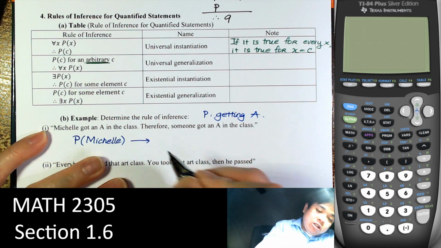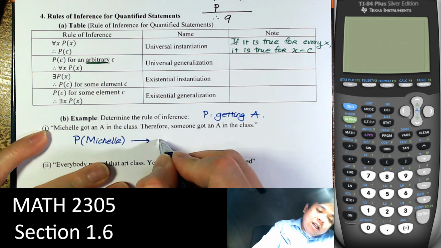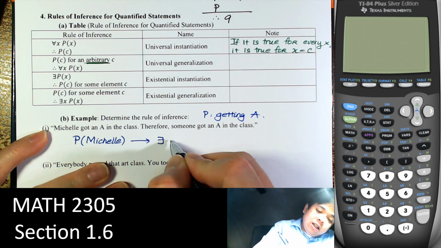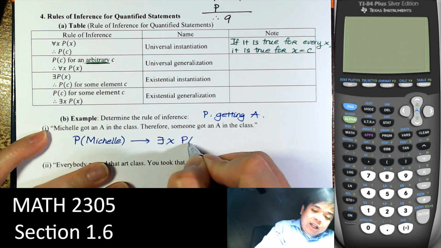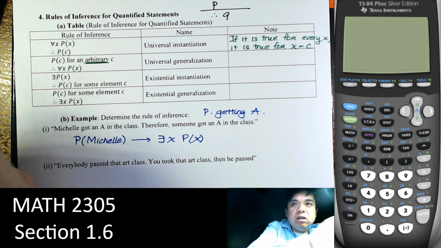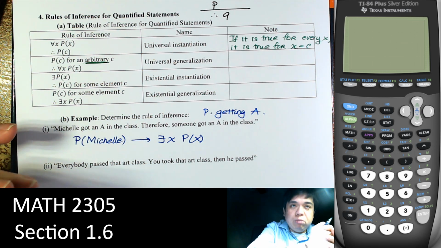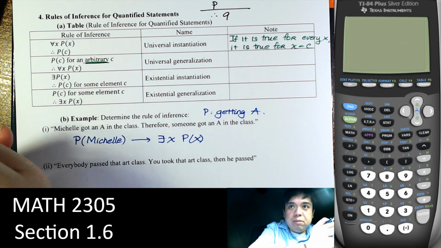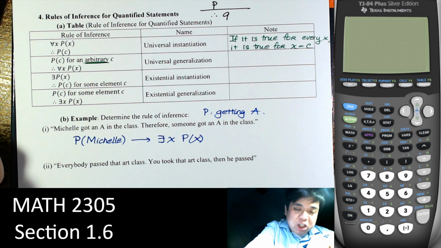Therefore, that implies there exists a person that gets an A in the class, and that person could be Michelle, certainly would be Michelle, maybe somebody else, but at least one of them is Michelle.